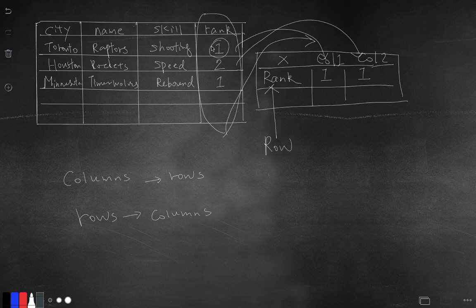And those rows will become columns. So you can see one will come to here, and two will come to here, and then you're going to have another column, and this one will come here.